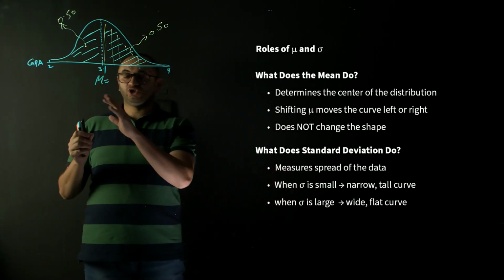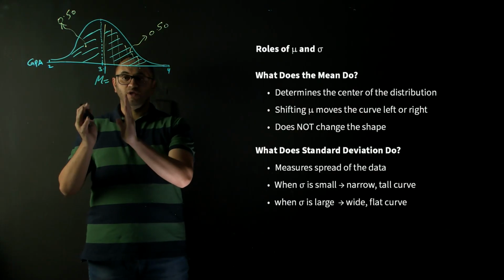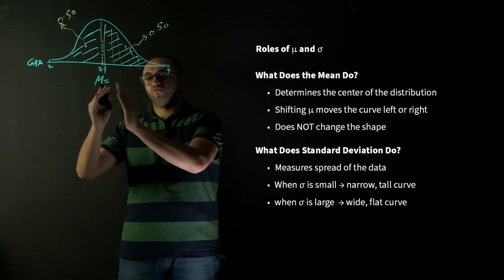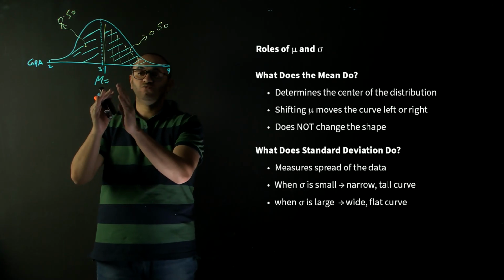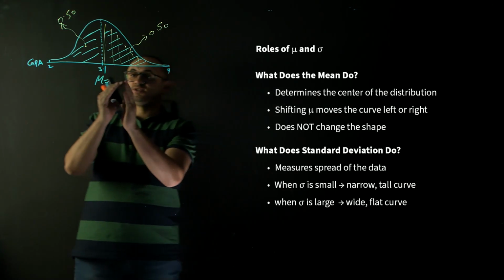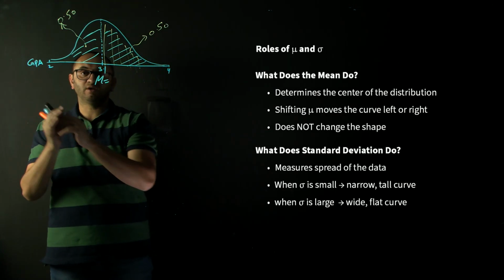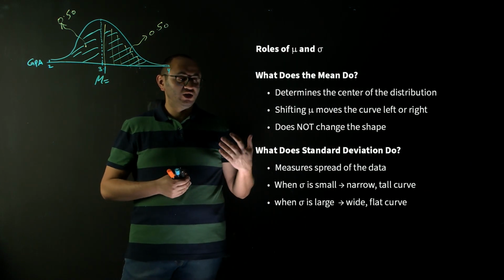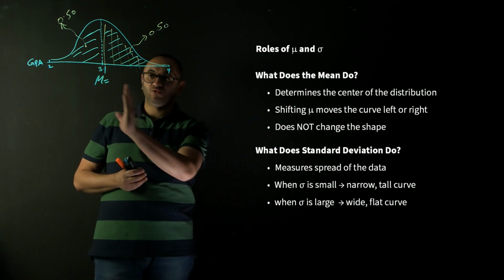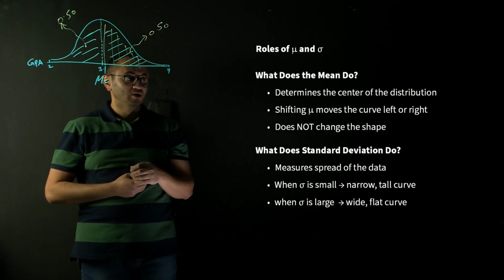If mu is greater than 3.1, we shift it to the right. Less than 3.1, we shift the entire curve to the left. The shape stays the same, but we change the center only.